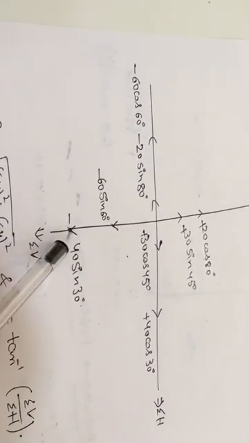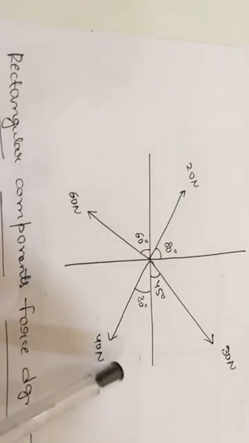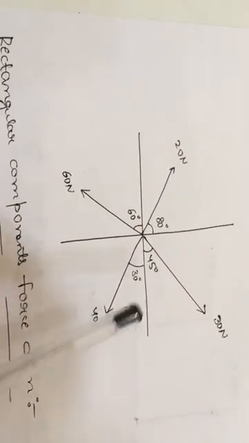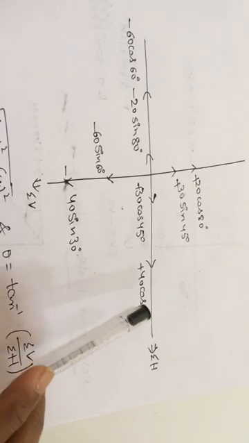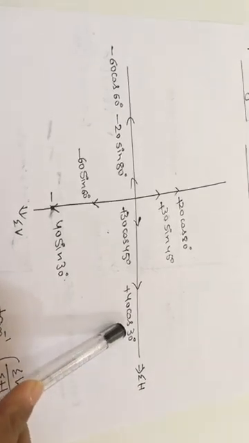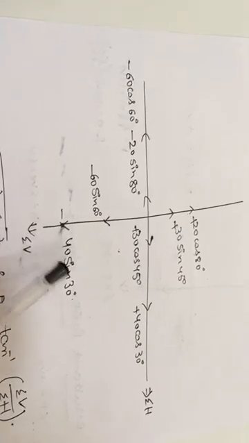So on the x-axis you get 60 cos 60 and on the y-axis 60 sin 60. The last force, 40 Newton, angle 30 degrees adjacent to the x-axis, so on the x-axis 40 cos 30 and on the y-axis 40 sin 30.